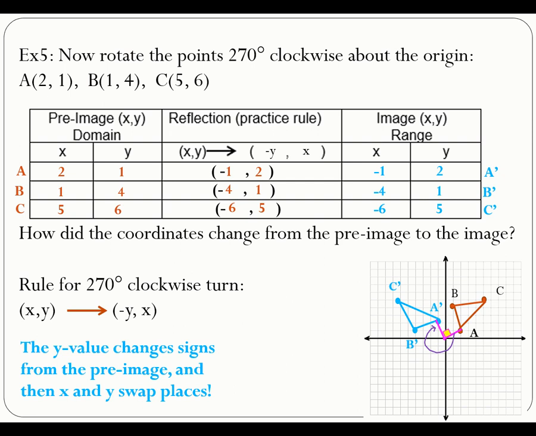So be careful. And then example 6, you're probably seeing a pattern. In example 6, we have the same pre-image points, but this time you had to rotate 90 degrees counterclockwise. So we took our triangle and went the other way one time, 90 degrees. And guess what, you guys? It landed on the same image. So guess what? A 90 degrees counterclockwise turn is the same as a 270 degree clockwise turn.